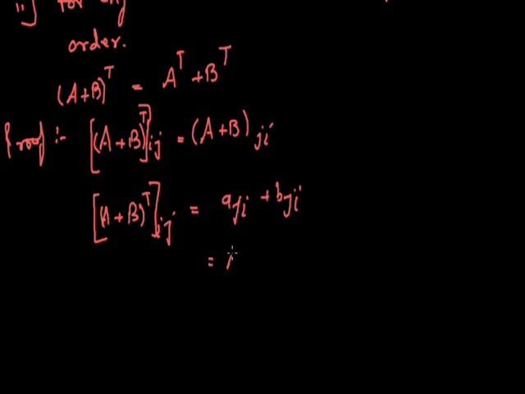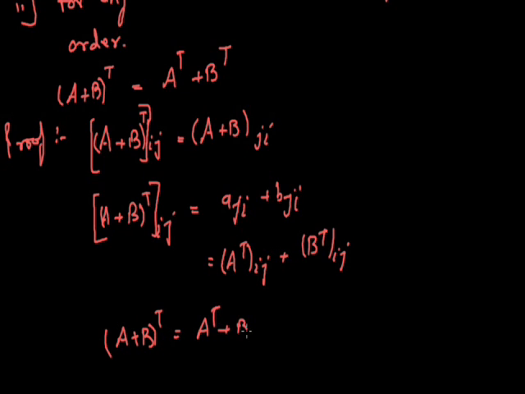Now (A plus B) transpose ij equals Aji plus Bji. Now Aji is A transpose ij, and Bji is B transpose ij. So A plus B whole transpose is equal to A transpose plus B transpose.